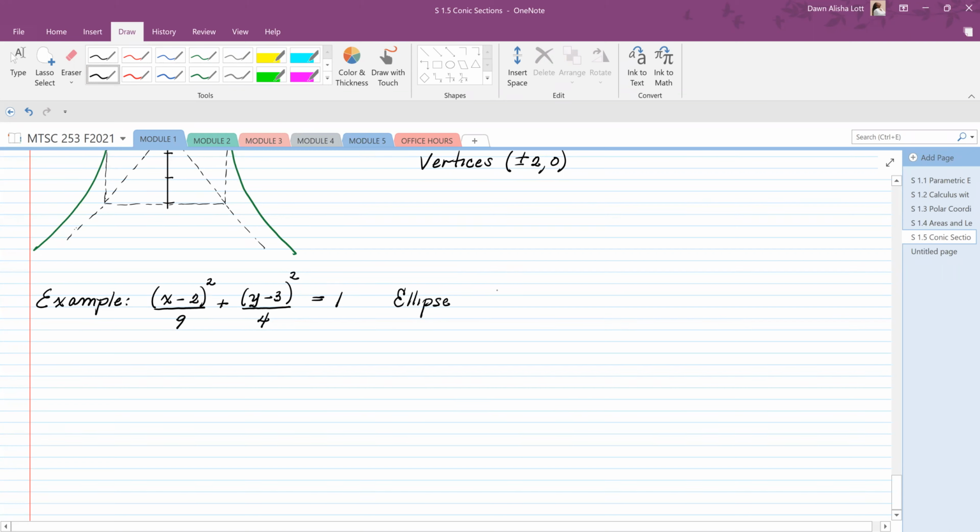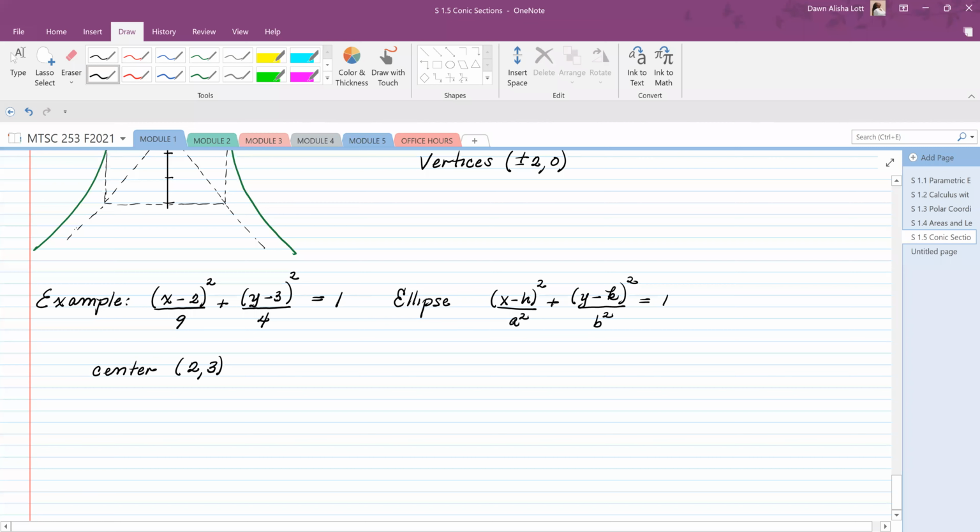So this ellipse is x minus h squared over a squared plus y minus k squared over b squared is equal to 1. And so this has center 2, 3.